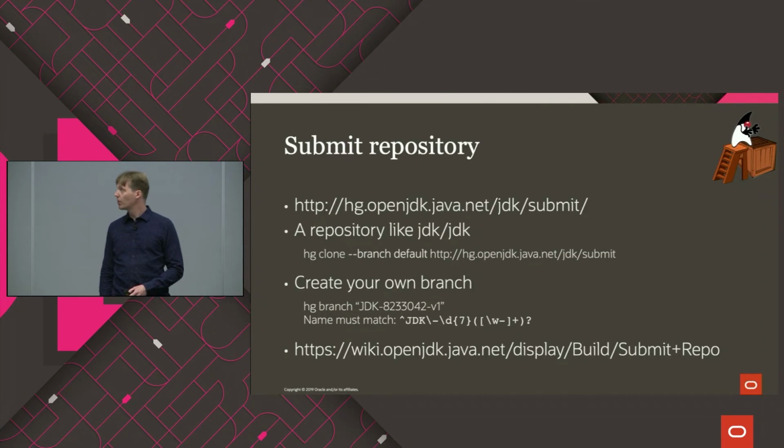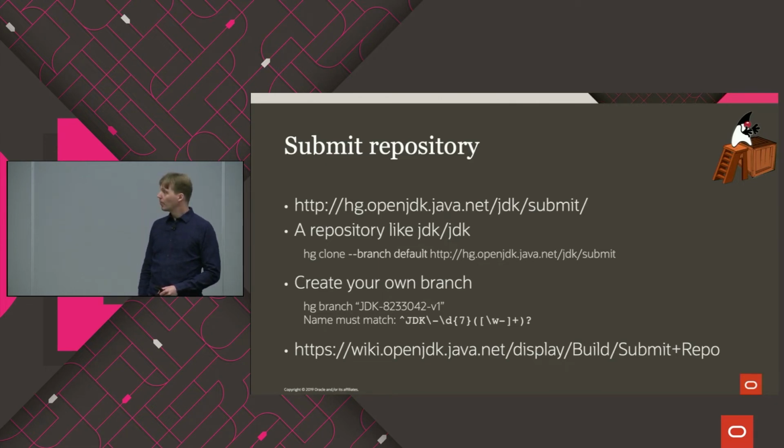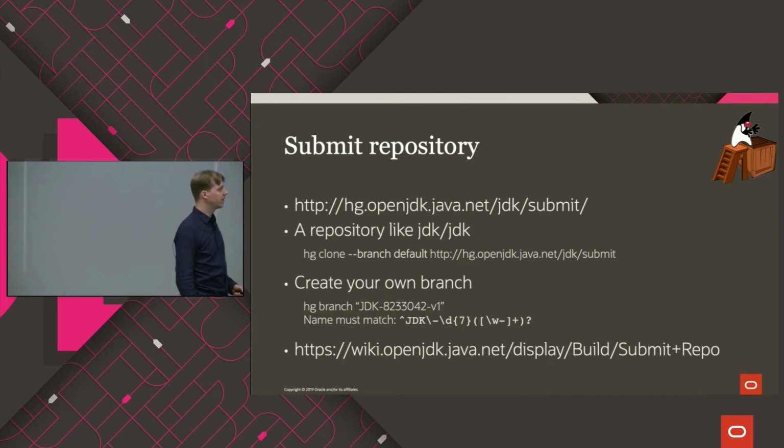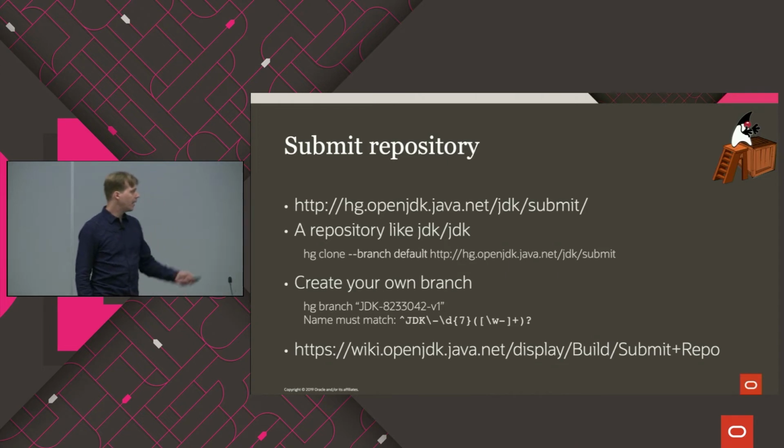So the submit repository, as I mentioned, you submit your changes here to get them tested on a wide variety of platforms. You do that by creating a branch. So basically, you clone the repository, you create a branch and push your code into that branch. And then when you submit it back, it will run all the tests on your modified JDK. The name of the branch has a pattern that has to be fulfilled.